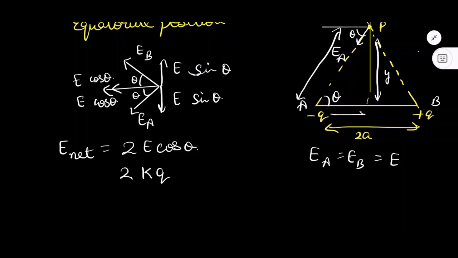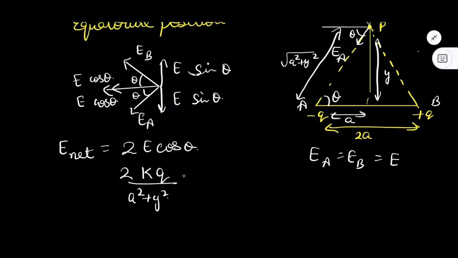We have this side to be a and that to be y, so the distance is under root a square plus y square, and the whole square will be a square plus y square.